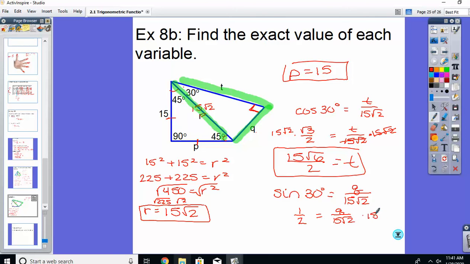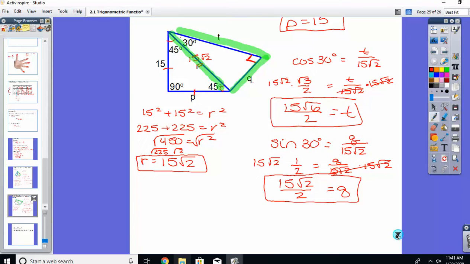So multiply 15 radical 2, and you get 15 radical 2 over 2 equals Q. Again, I'm saying exact values on these, so I need radicals, not the decimal your calculator would tell you.